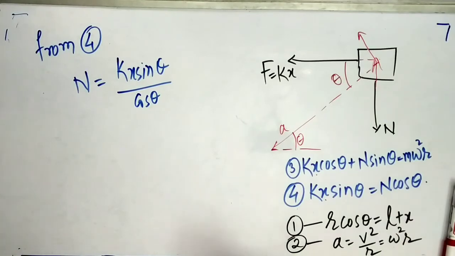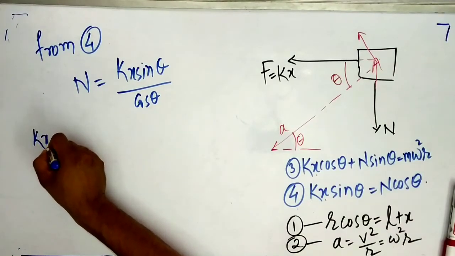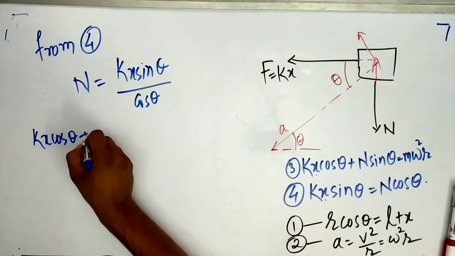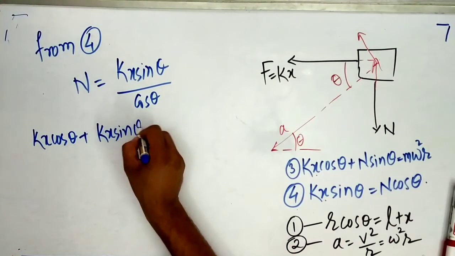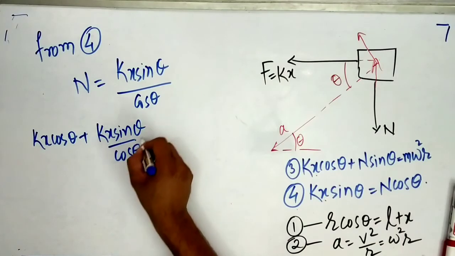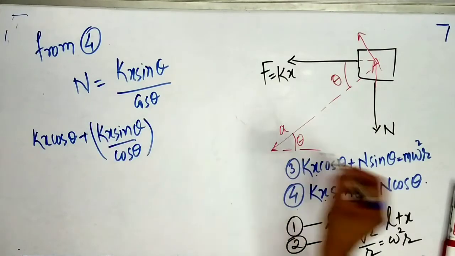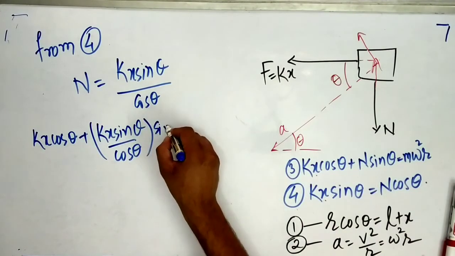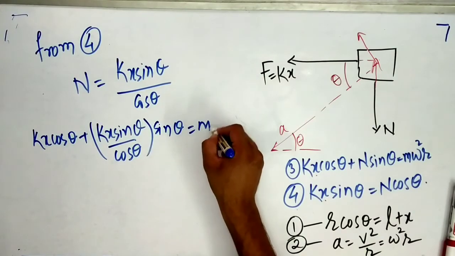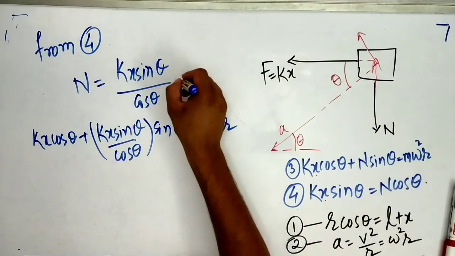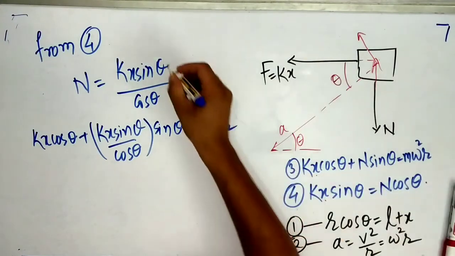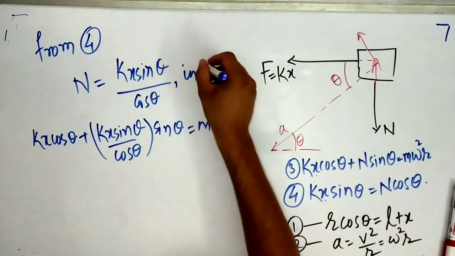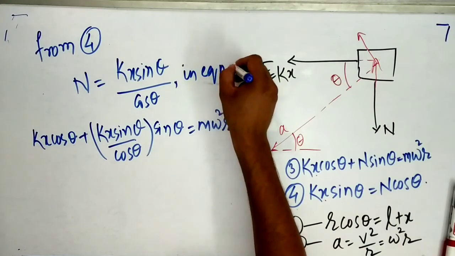What you get is Kx cos theta plus n, which is equal to Kx sin theta divided by cos theta, into sin theta, equals m omega square r. We have put n equal to this in equation 3.